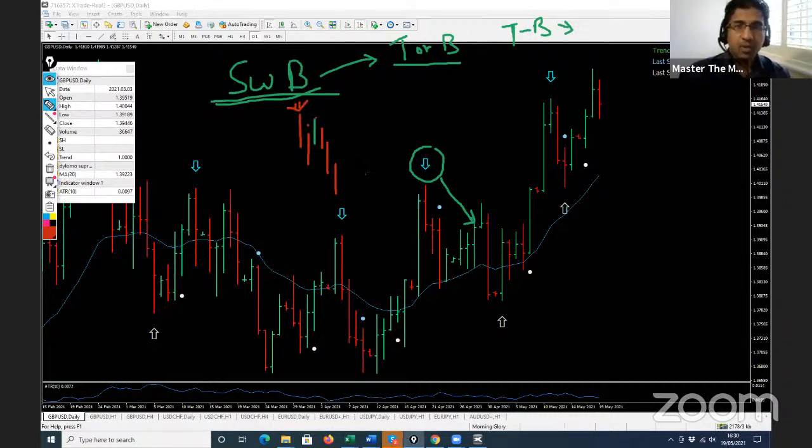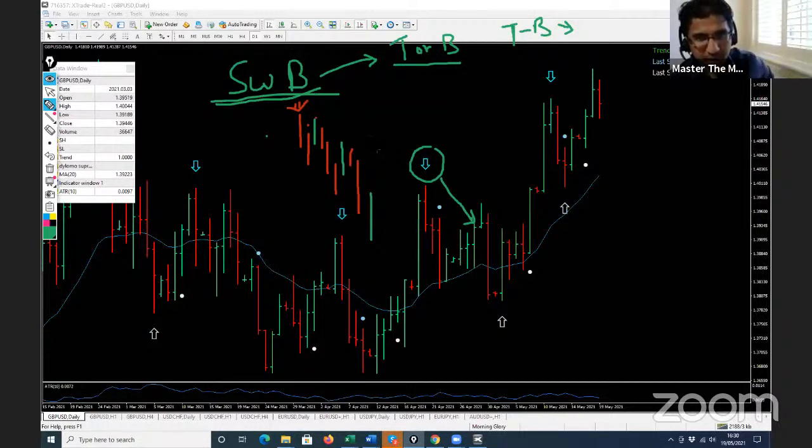Then you have to ask yourself which bar here you would consider a swing bar. Let's say we got this, and then eventually we had this. In a top to bottom move like this, where would your swing bar be?